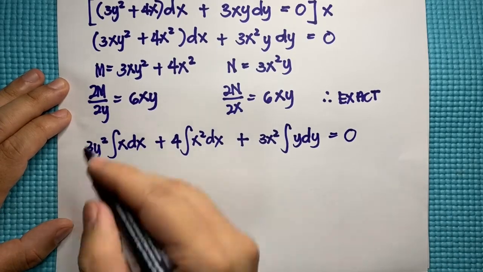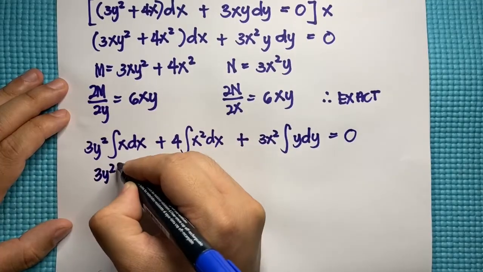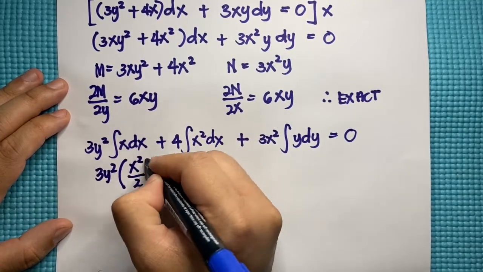So integrating the whole equation will give us 3y squared, and then x would be x squared all over 2.